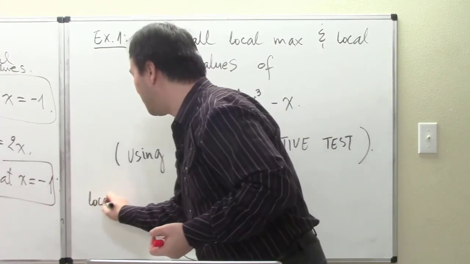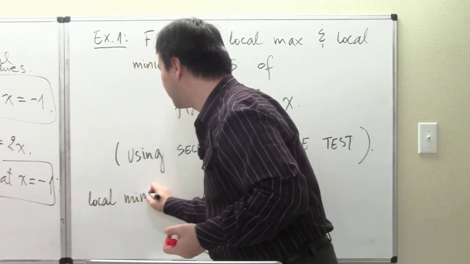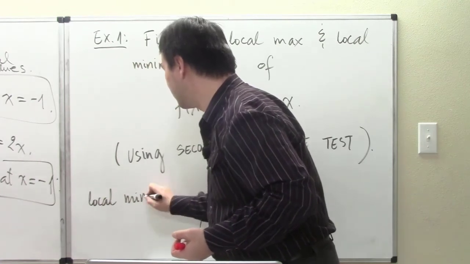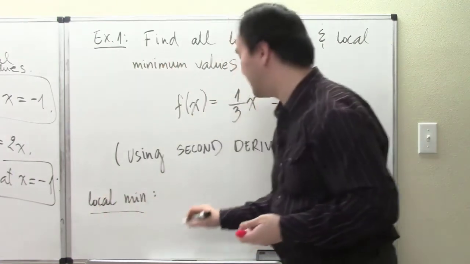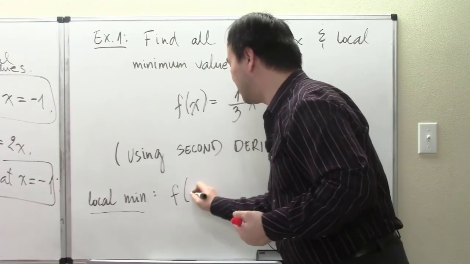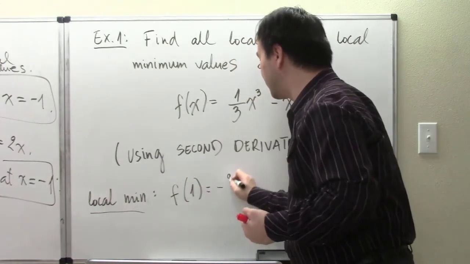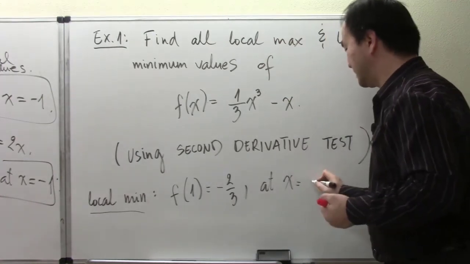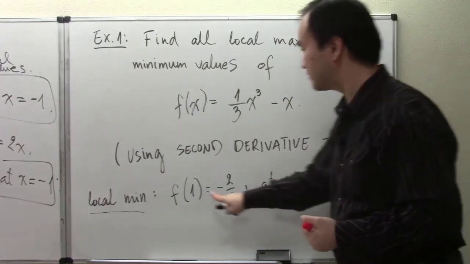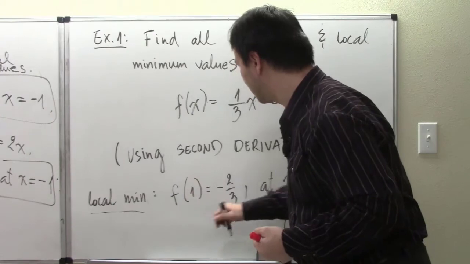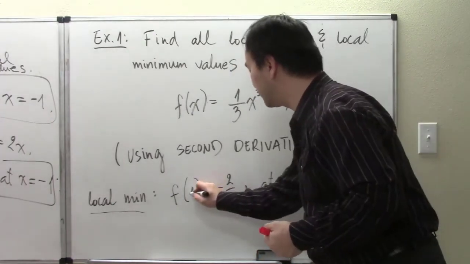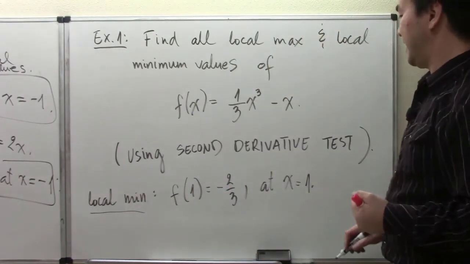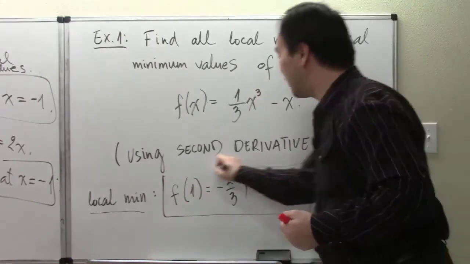So for the local minimum, we have found f of 1 equals negative 2/3, and that's happening at x equals 1. All right, that's our answer right here, and that's the only one for the local minimum.